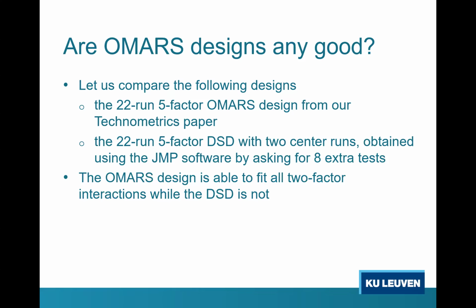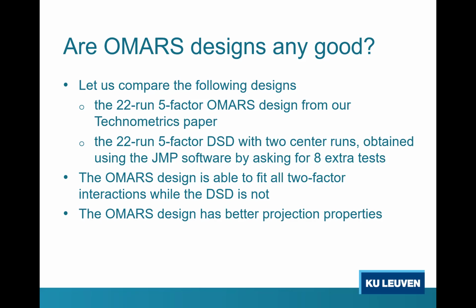Now, the OMARS design immediately had one important advantage. With the OMARS design, we can estimate all the interaction effects at the same time, while that was not possible with the definitive screening design. The OMARS design also had better projection properties.